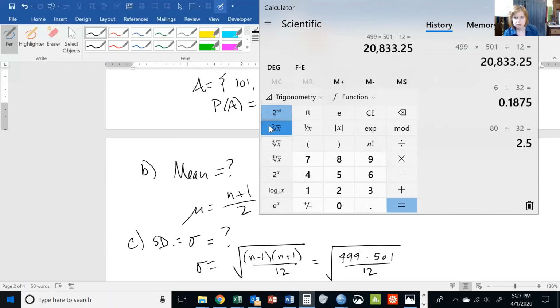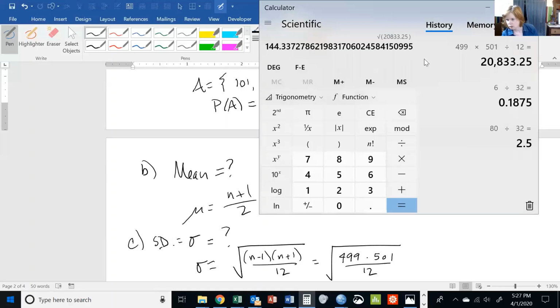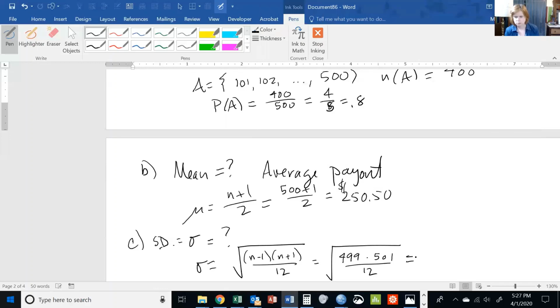Let me take the square root here, and then it's 144.34 dollars, so $144.34.